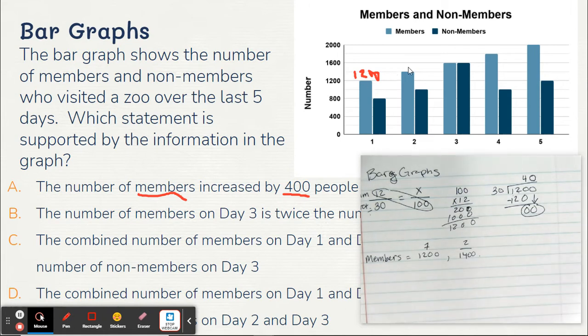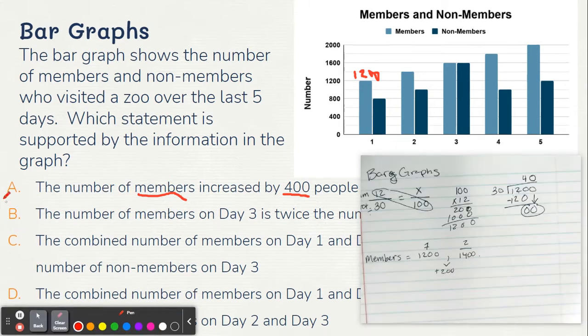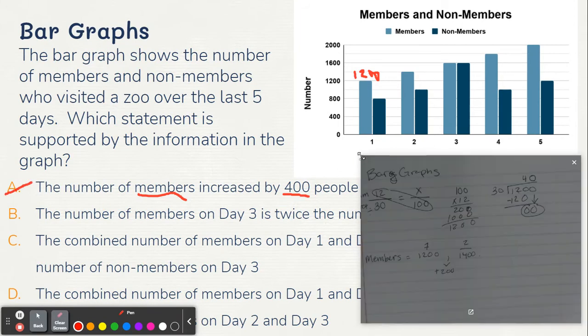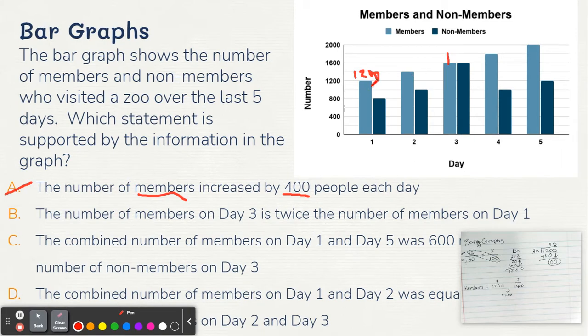If it goes from 1,200 to 1,400, it only increased by 200. So I know it's not that one, so we're going to take that one out. The number of members on day 3 is twice the number of members on day 1. This is 1,600, and that's 1,200. So 1,600 would need to be twice 1,200, but that's not right. So we're going to cross that one out.